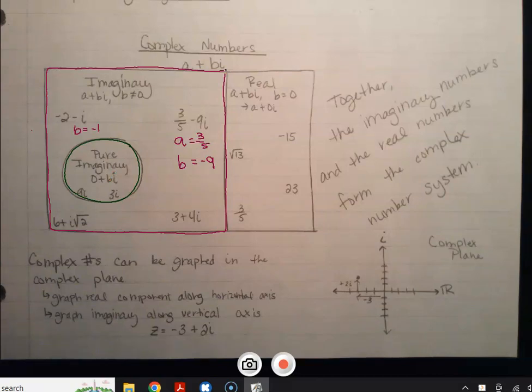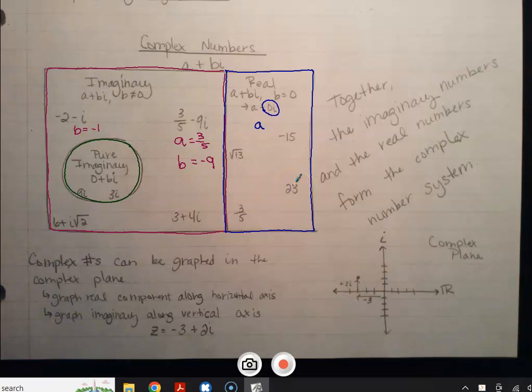And our last section, these are the real numbers. Those are ones we really focus on and talk about all the time in our lower level math. So this is when we have a plus bi and b equals 0. Because b equals 0, we really have a plus 0 times i, which just leaves us with a. So that is any of those other numbers that we usually think of in our number system: the square root of 13, -15, 3/5, 23.